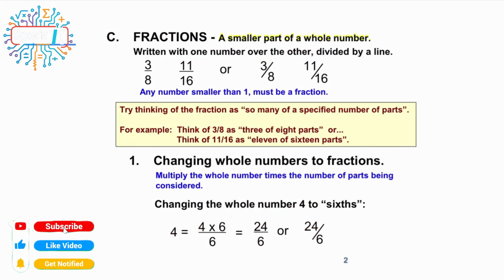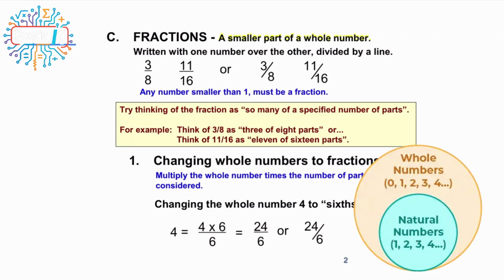First of all, let's start from the basic things. What is the definition of a fraction? When we have a smaller part of a whole number, again, you guys remember what the whole number was, right? Any number like 2, 3, 4, 5, 6, some kind of positive infinite, would be considered a whole number.